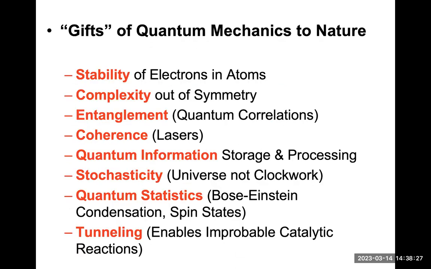So now, what is the take-home lesson from all of this in terms of what quantum mechanics can offer to our understanding of living nature, living systems? Well, I mentioned the stability of electrons in atoms. Without it there would be no atoms, as the electrons would collapse onto the nucleus.